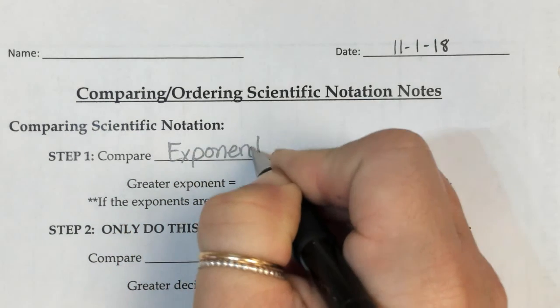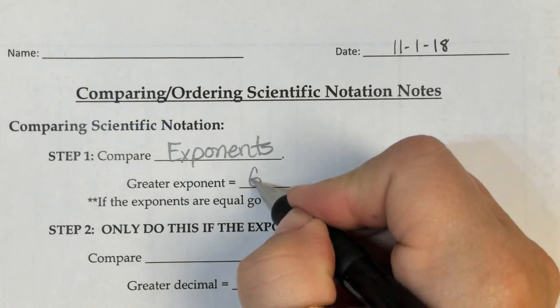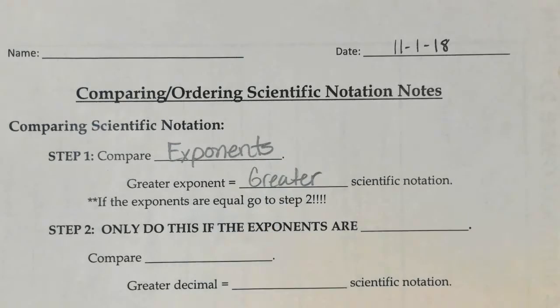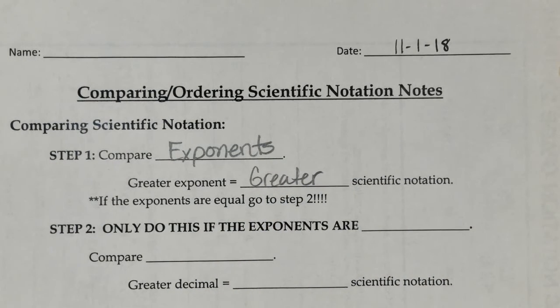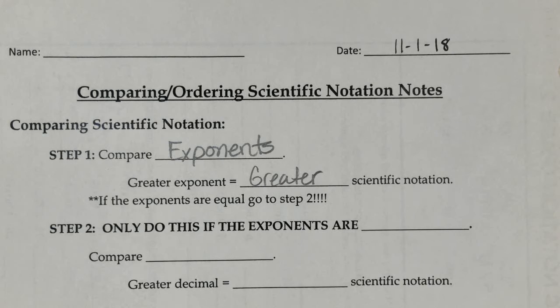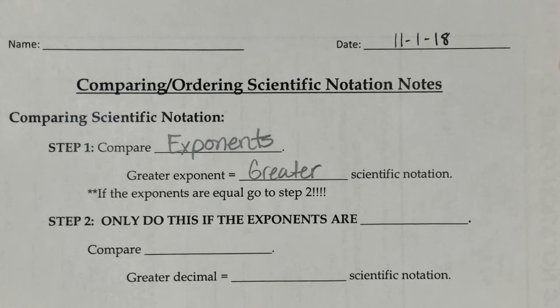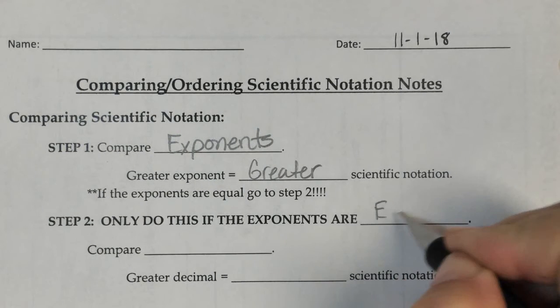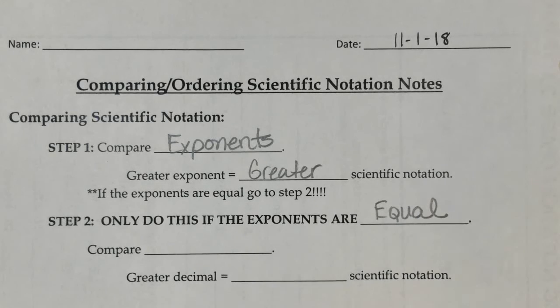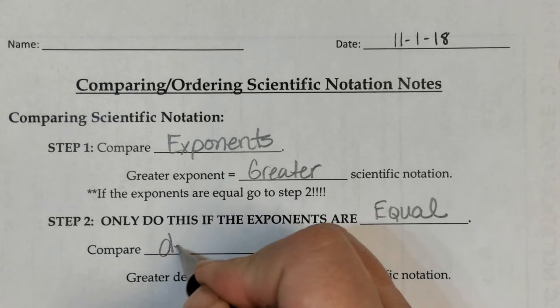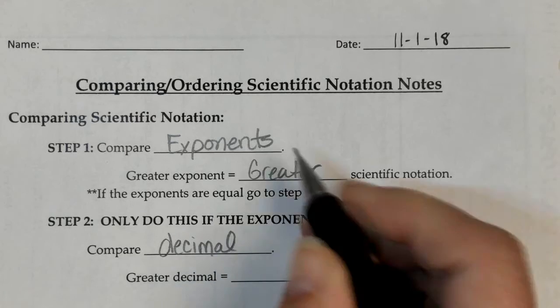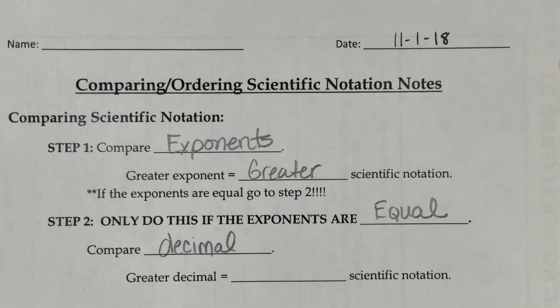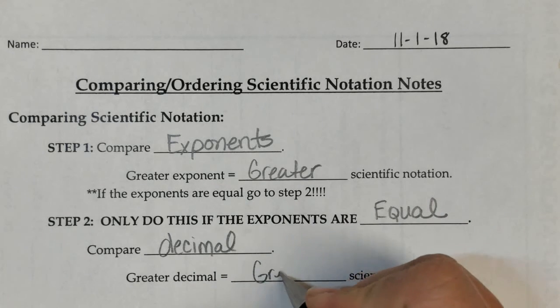You look at the exponents, and the greater the exponent, then that's the greater scientific notation. If the exponents are equal is the only time you have to go to step 2. So step 2, only if the exponents are equal. And then you look at the decimal number. So you compare the decimal numbers.